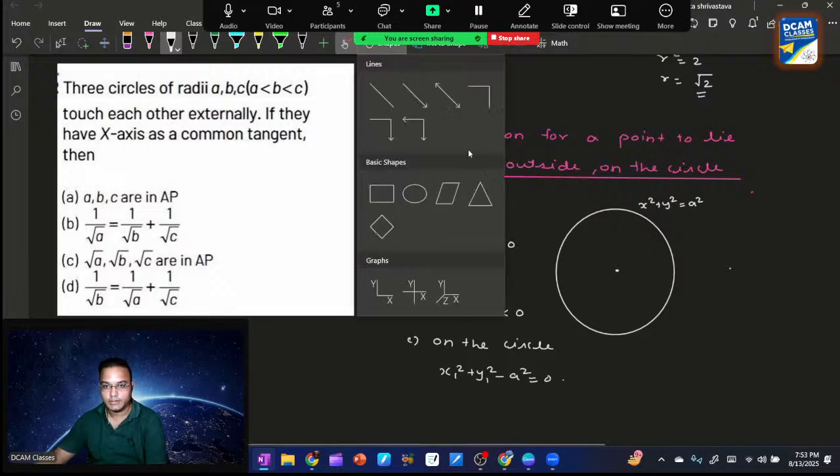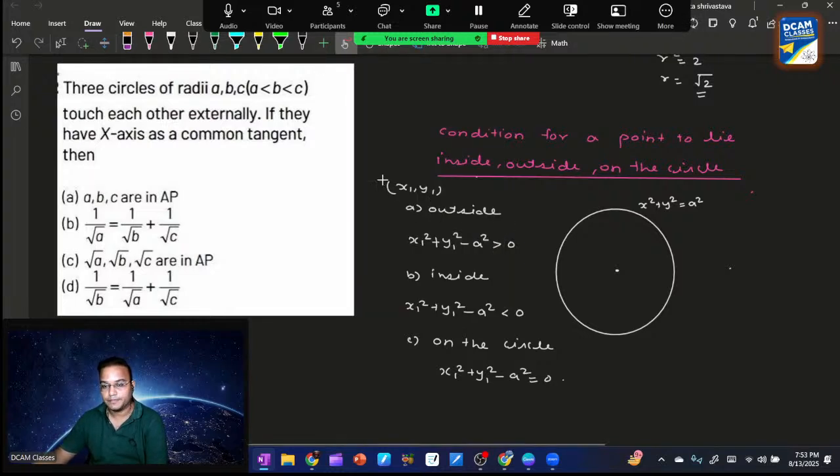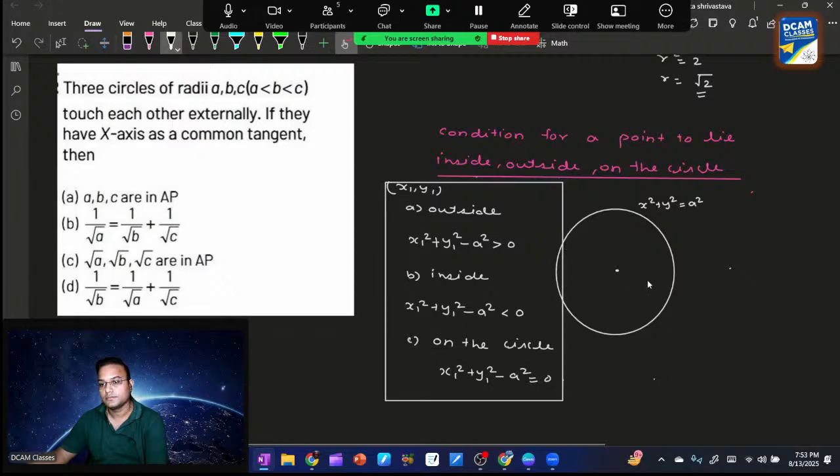These three conditions you wanted to say: this is outside, this is on the circle, and this is inside.